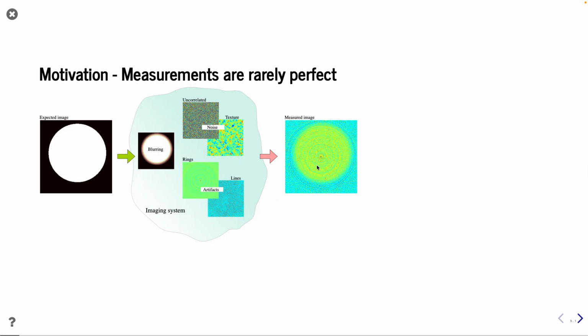This is a tomography image where we can see that there are a lot of ring artifacts. I don't see any line artifacts, but that could also be. I think that is one. And this is what we actually see when we do our measurements. It can be better, it can be worse, depending on what conditions you could afford or what the instrument can give you. But it's not uncommon to see something like this.